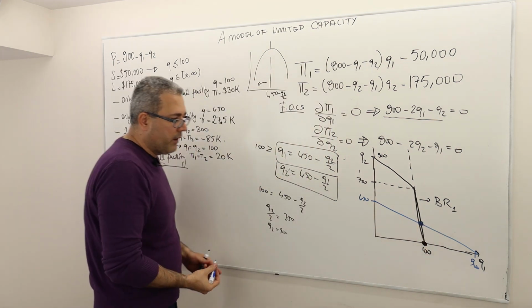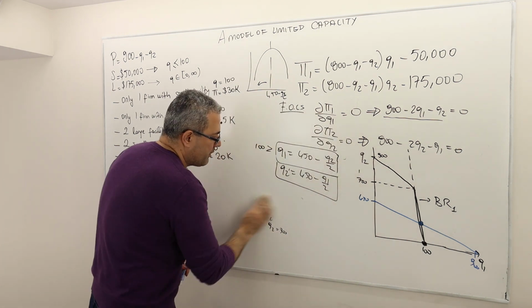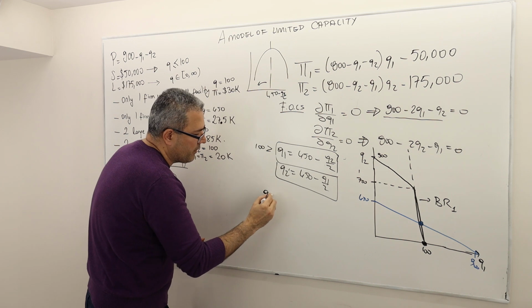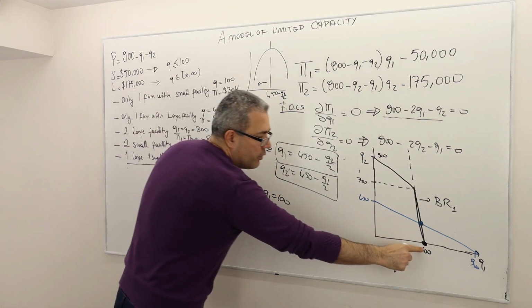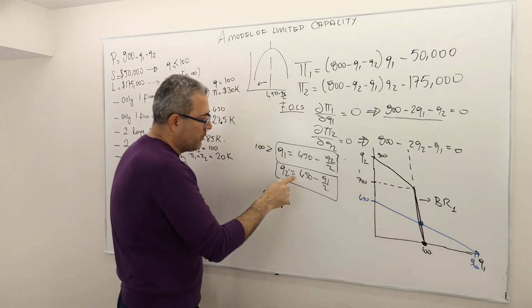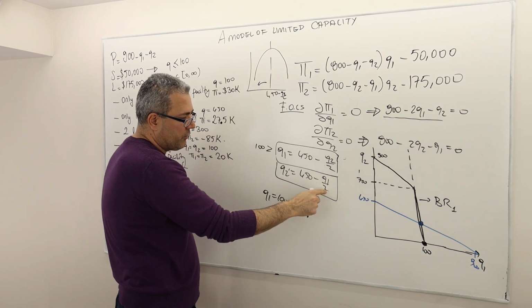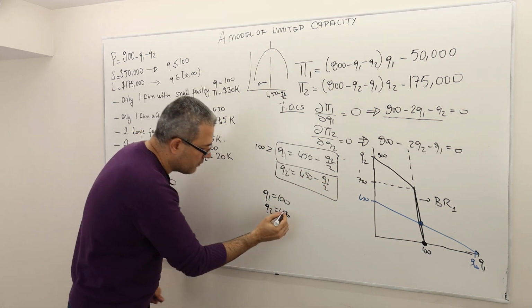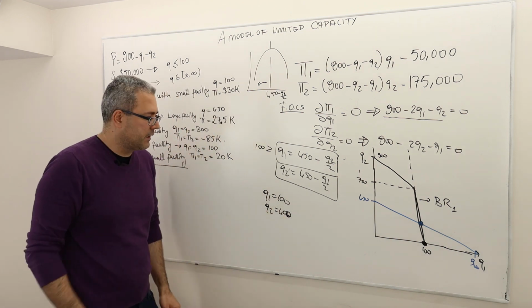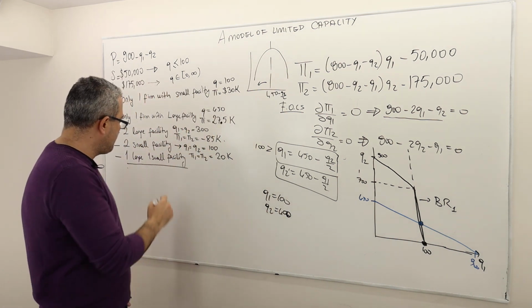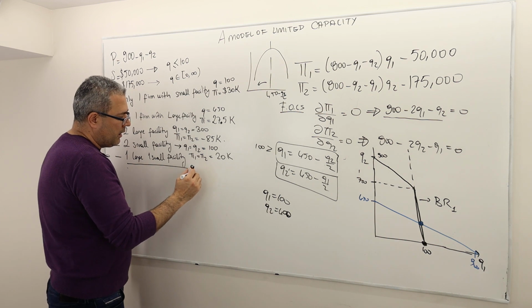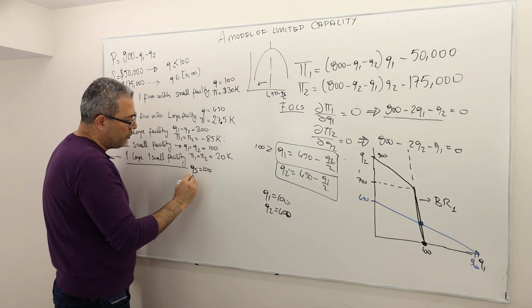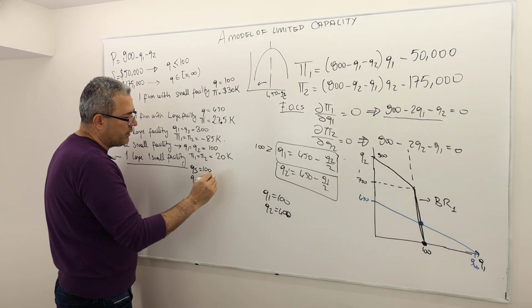So what is this point? Well, this point is where Q1 is 100, and Q2, just plugging 100 here, is equal to 400. So let's call it Q small is going to be 100, and Q large is going to be 400.